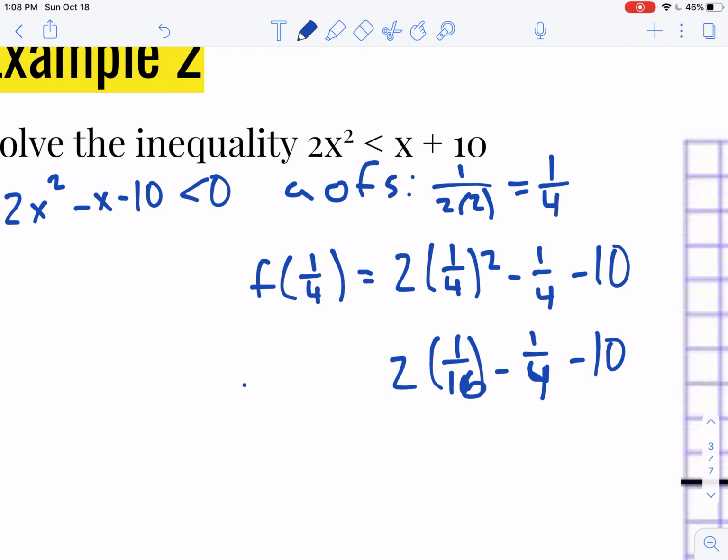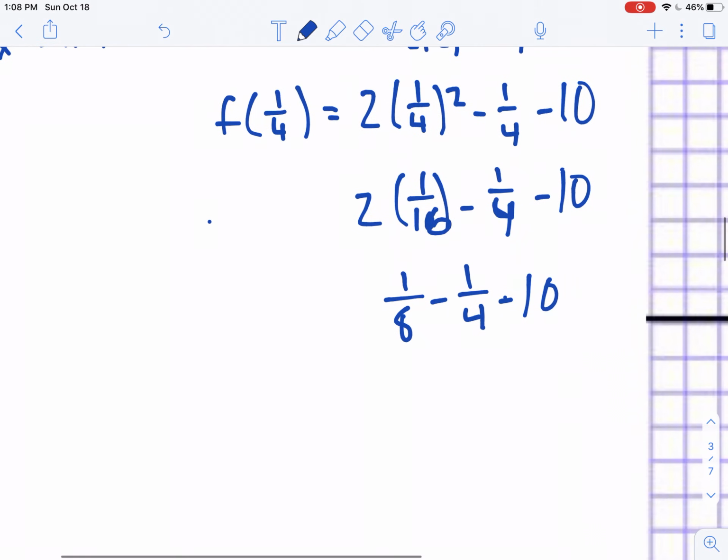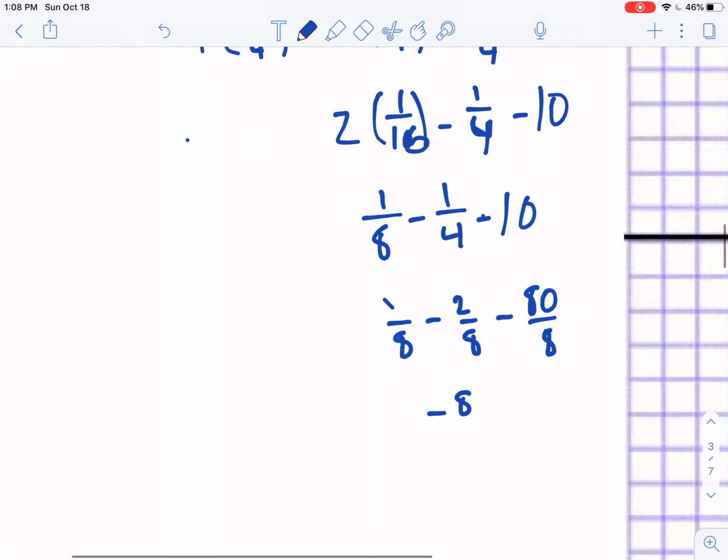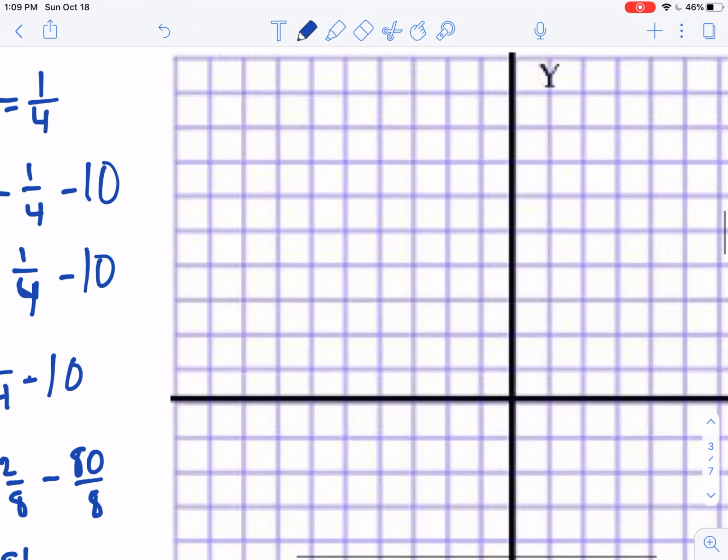This is 2/16, so that's 1/8 minus 1/4 minus 10. 1/8 minus 2/8 minus 80/8. So this will be negative 81/8. So this is just a little bit greater than negative 10.